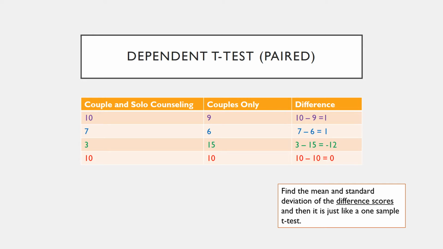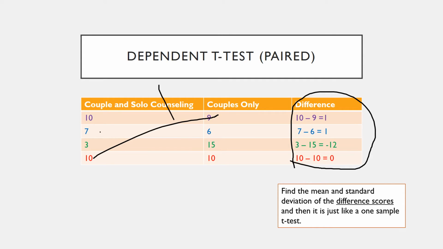So after you get this column of difference scores here, we just ignore all this, ignore that, and then add all these difference scores up and divide by the total to get the mean, and then go through all the steps to get the standard deviation just on the difference scores. So ignore the rest. And that's what I'm going to ask you to do on the next slide, which is to get the standard deviation of the difference scores.